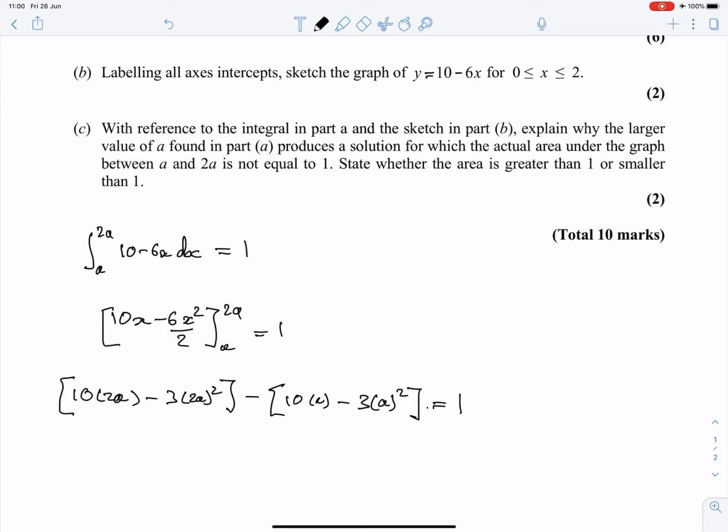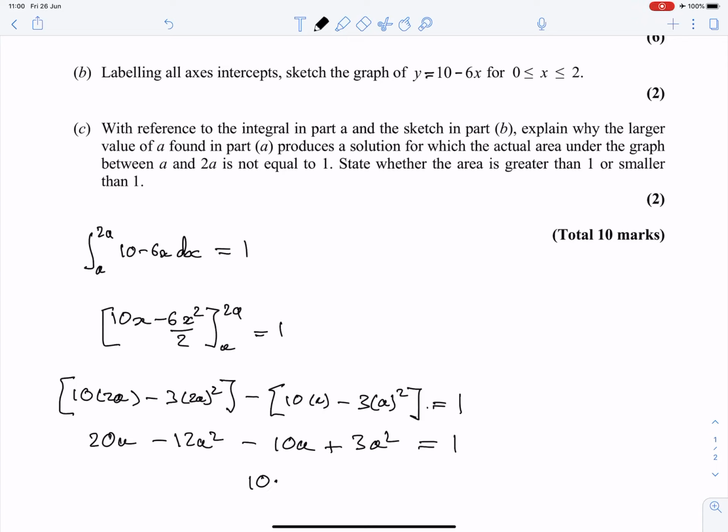So let's tidy that up because we've got a quadratic there. So we've got 20a minus, be careful, 2 squared is 4, so it's minus 12a squared minus 10a, minus minus makes it plus 3a squared equals 1.